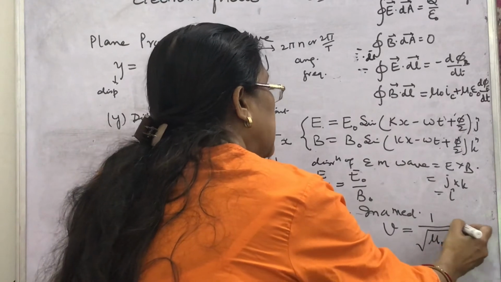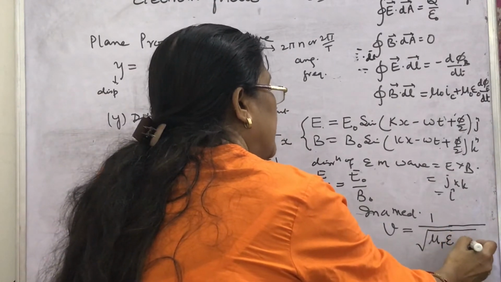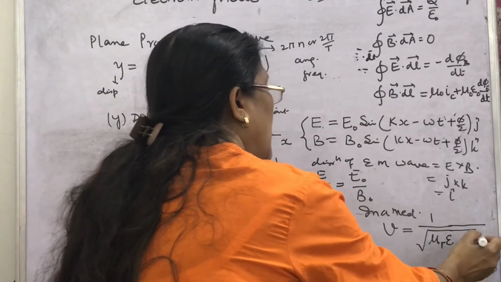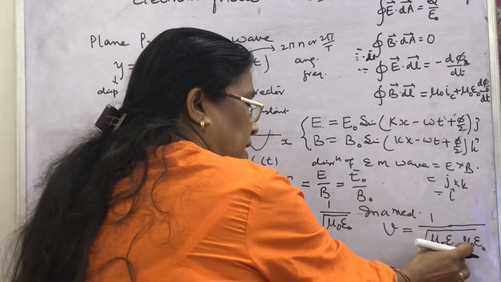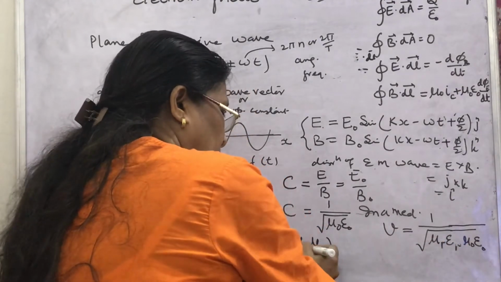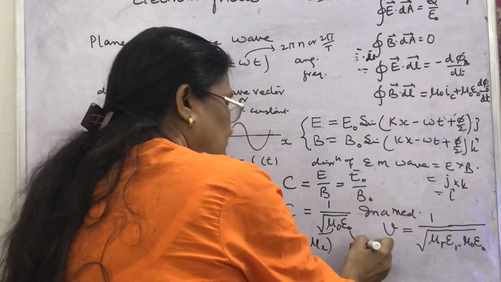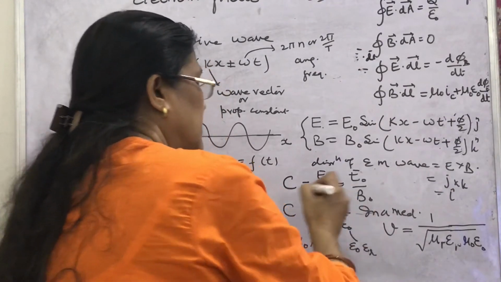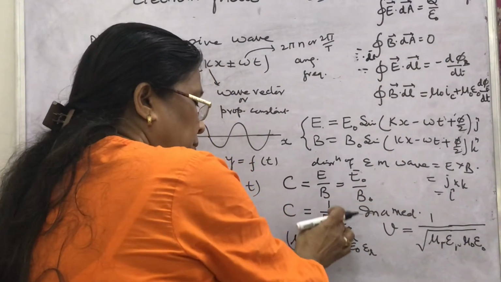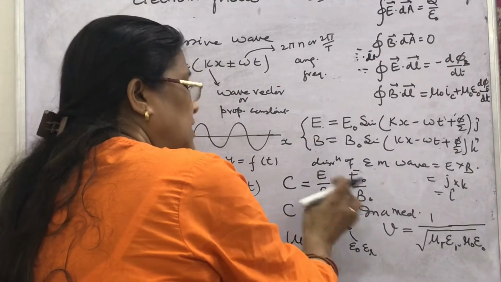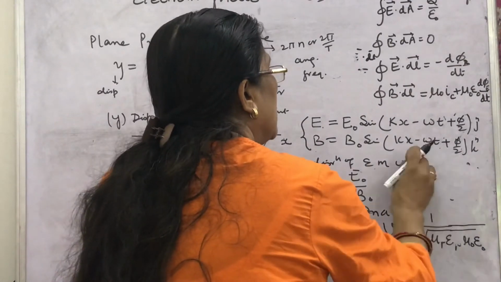The permittivity of free space and permeability of free space in vacuum are multiplied by extra terms: mu naught into mu r in place of this, and epsilon naught into epsilon r. Now 1 upon under root mu naught epsilon naught is c, so what can you write in place of this value?